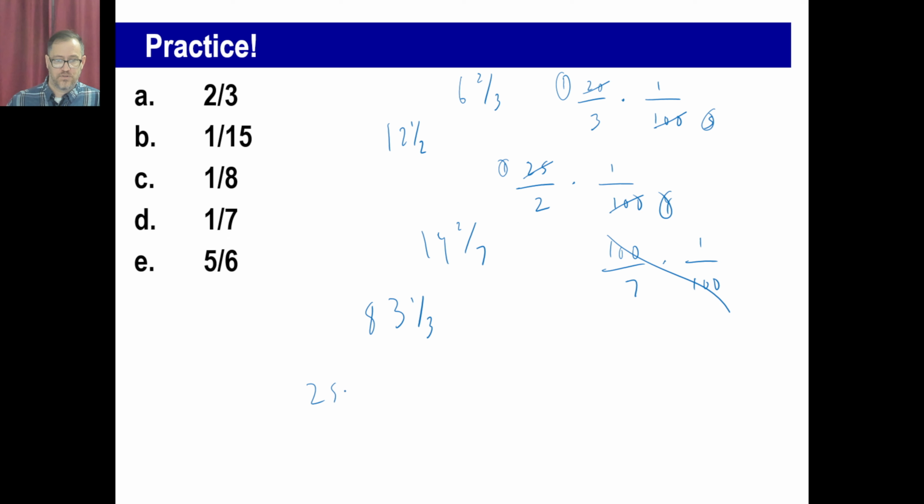So we got this, 250 over 3 divided by 100, which means multiply by 1 over 100. What goes into 250 and 100? Well, there are lots of things here. 50, that's the biggest thing. It goes 5 times, and it goes 2 times here. So 5 times 1, 5, 3 times 2, 6. There you go.